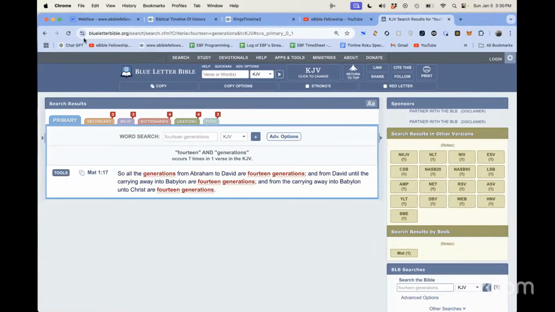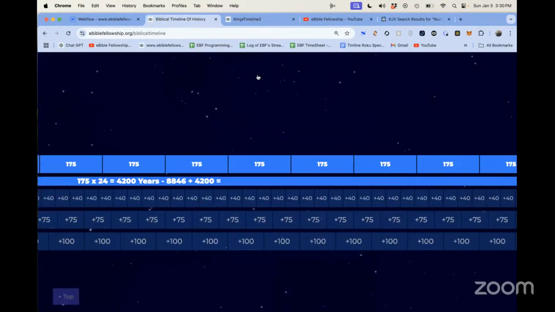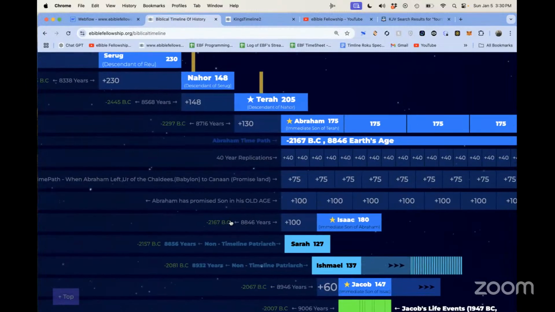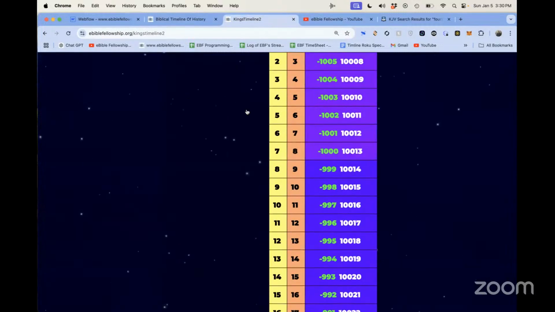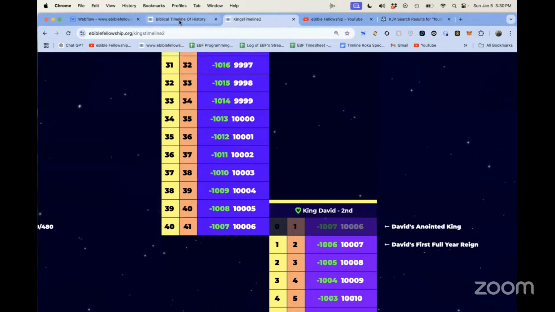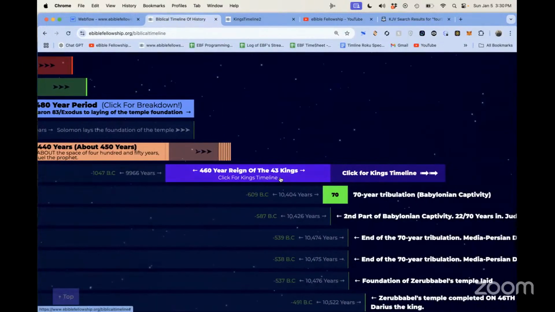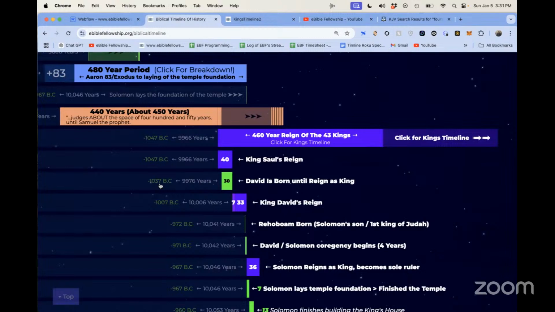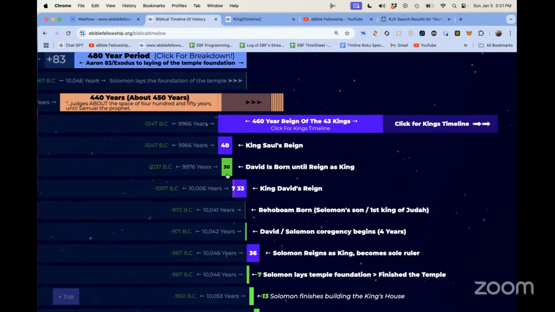Now, if you actually look at the time from Abraham to David, we don't see 14 generations evenly for each of these, if we look at this verse literally. For example, we know Abraham was born in 2167 BC. On the king's timeline, we see David is born in the year 1037 because he's 30 years old when he begins to reign.